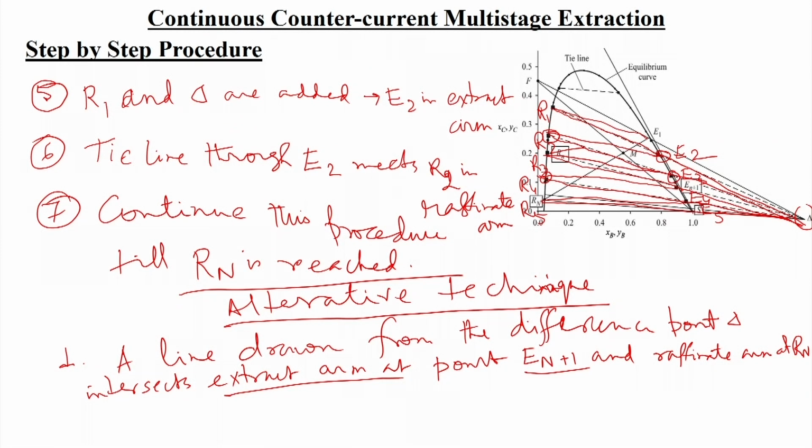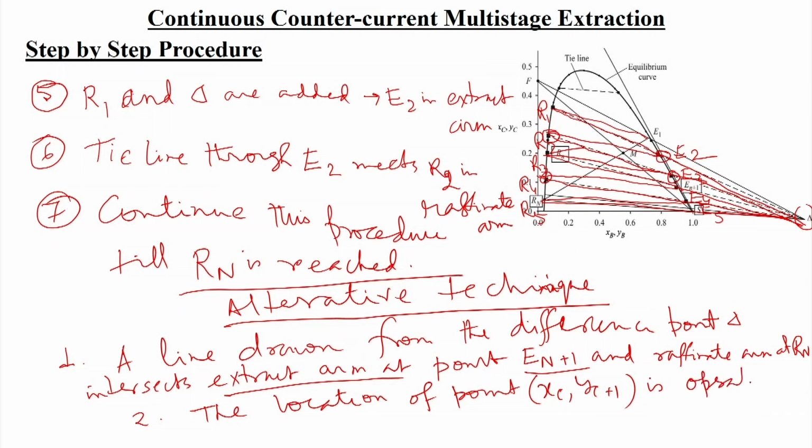Now, the second stage will be the location of points xc and yc plus 1, that is nothing but the operating line. We will be drawing this on the xc, yc plane also.